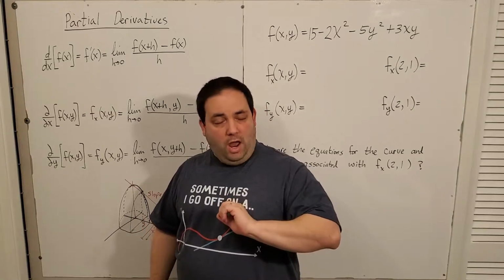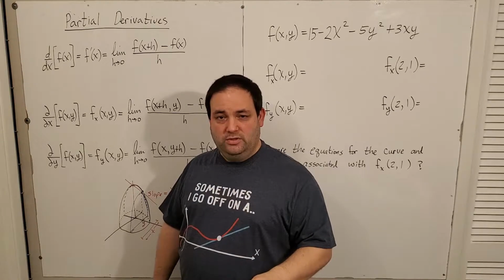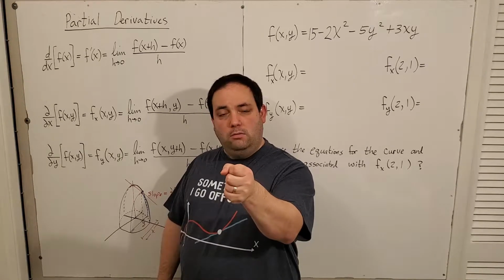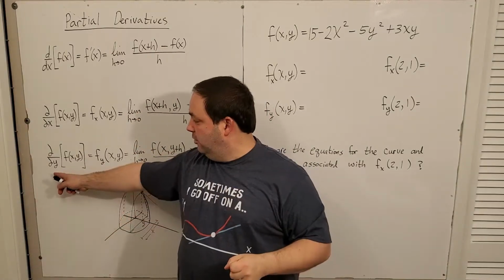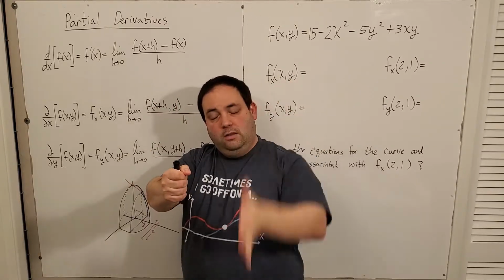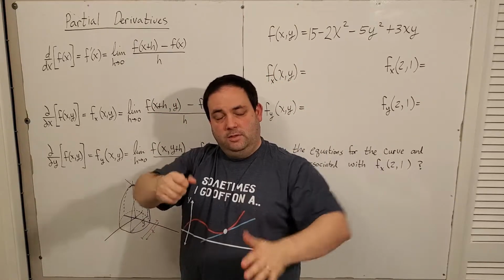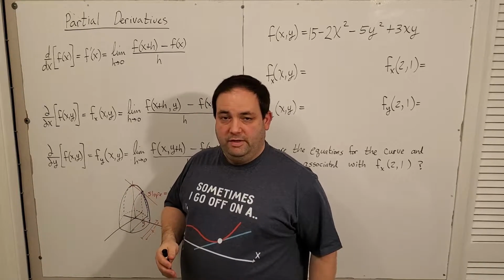No. They're not functions of each other. y and x are both independent variables. So I'm freezing one and letting the other change. And then vice versa, if I go down to partial with respect to y, I freeze the other and then let the second one change instead.